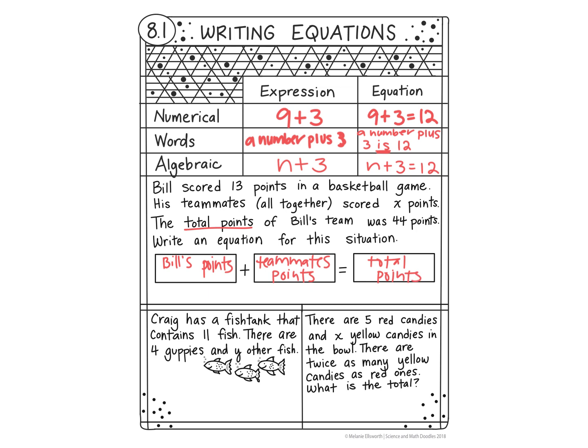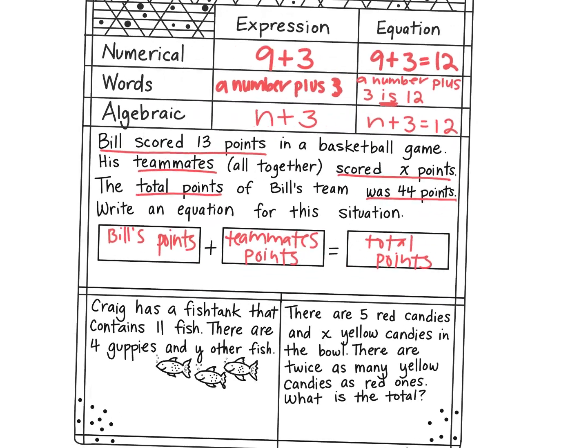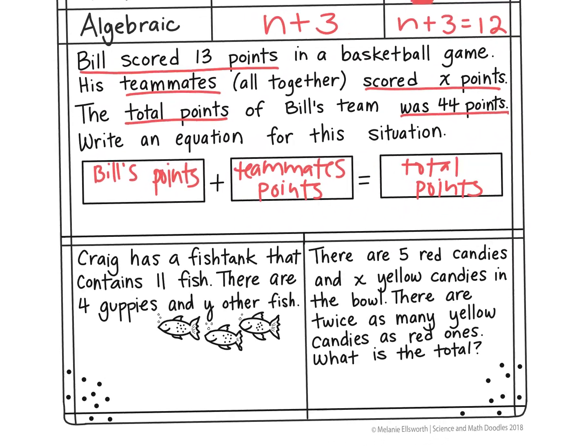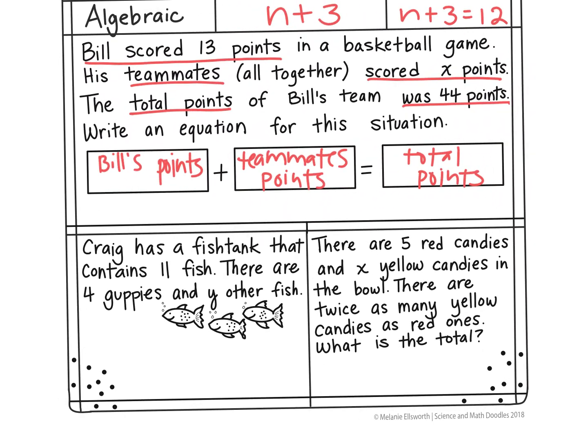So the information I'm given, it tells me Bill scored 13 points. His teammates scored X points, and the total points was 44. Okay, that's all the information that I have so far. Now, if I want to actually write down what this would look like in equation form, not just word form, then I would show what Bill's points is represented by.